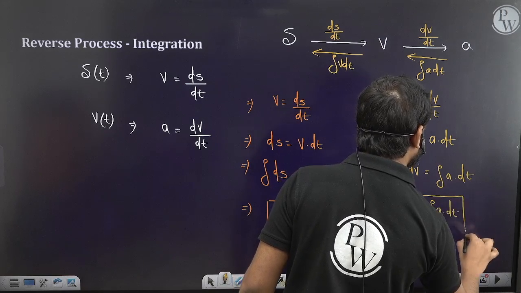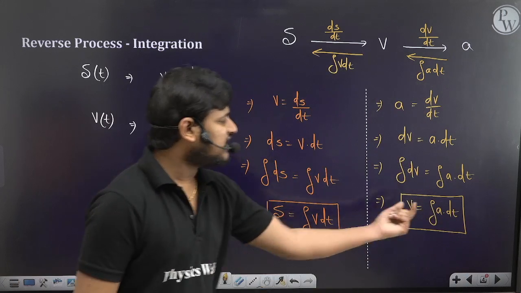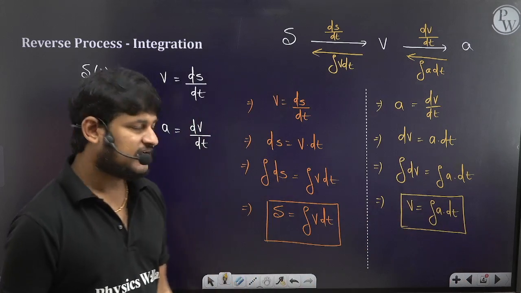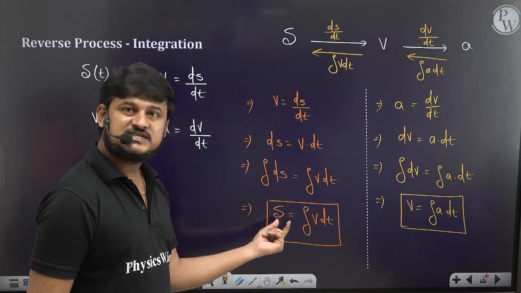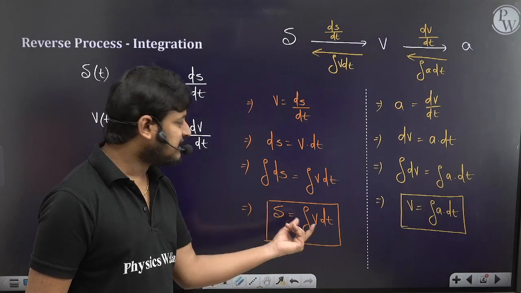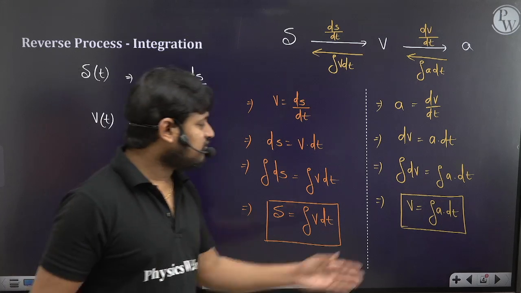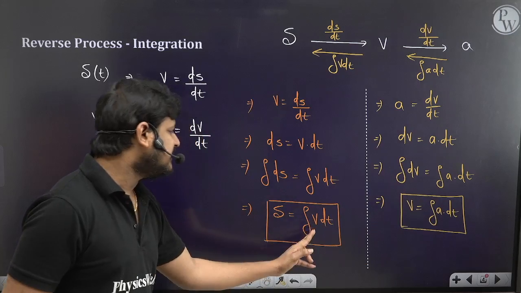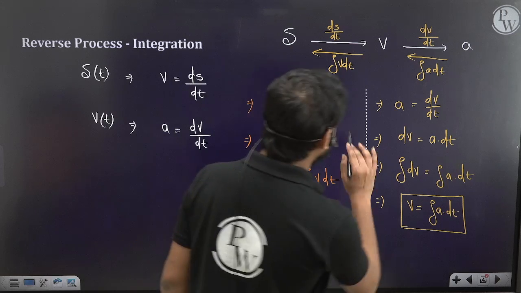So if acceleration is given as a function of time and they ask you to find velocity, simply integrate the acceleration. If velocity is given as a function of time and they ask you to find the displacement, simply integrate the velocity. From acceleration, if they ask you to find displacement directly, first integrate to get the velocity, then integrate again to get the displacement. Clear?